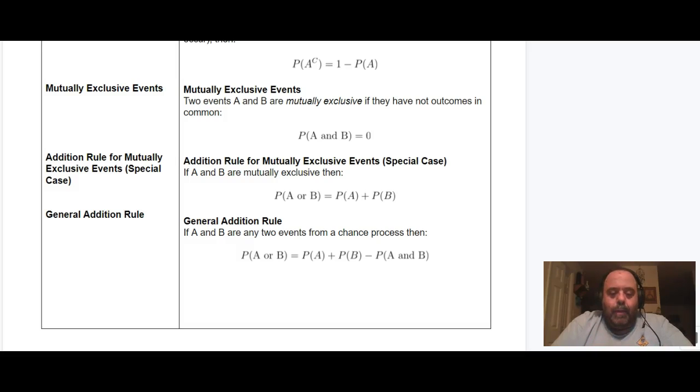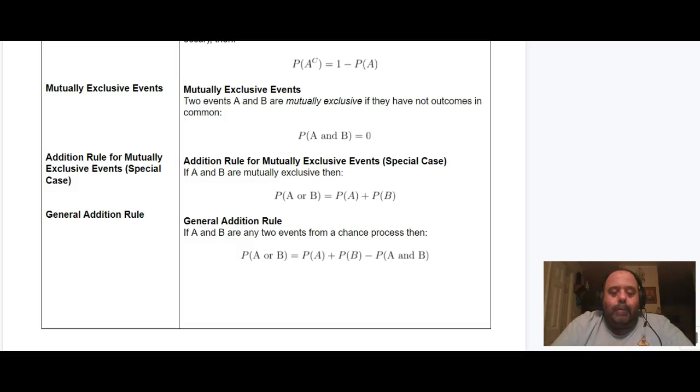So the way we define this is we say that events are mutually exclusive in that they have no outcomes in common, and another way of saying that is that the probability of both of them occurring at the same time is 0, right?